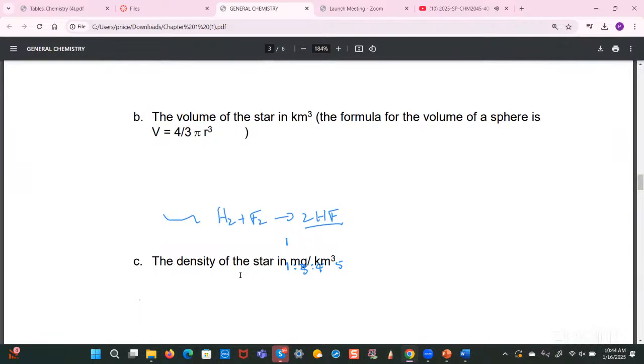Okay, so we start with inches. The way I would set it up, it looks correct. This will be inches. Make sure you include the units. So this will be inches, right?